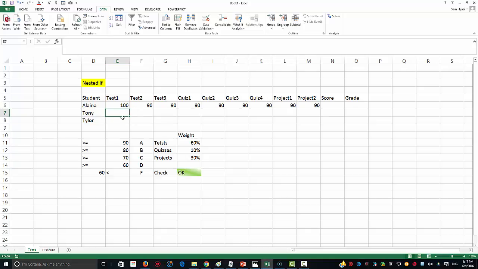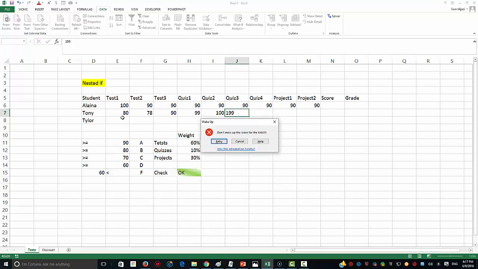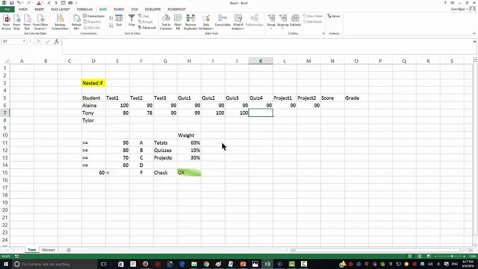So the same thing with Tony. Let's say Tony has 80, 79, 90, 99, 100, and of course 190 here, 99. Let's see what happens. Okay, sorry about that, retry. And I'm going to say minus 10. Okay, retry, that's a negative value. I'll say probably 100 here after we give him more time.